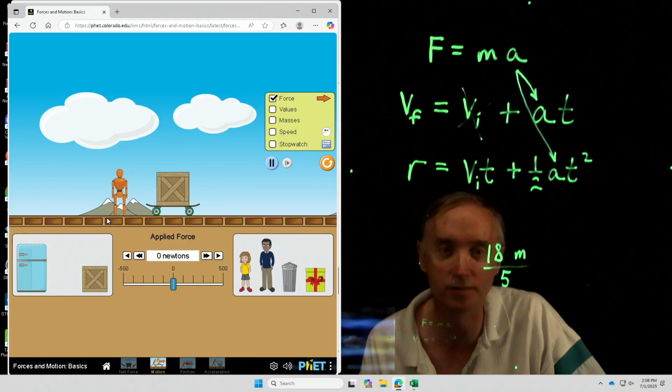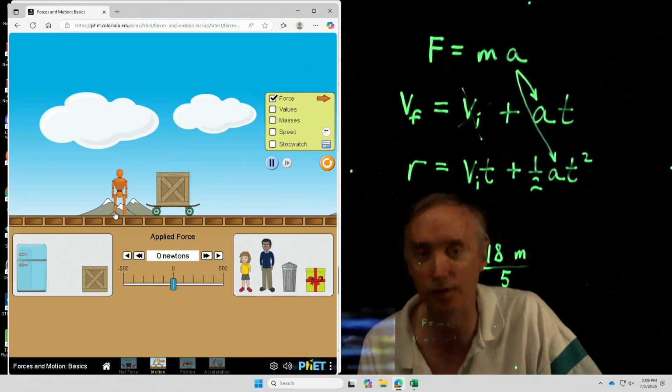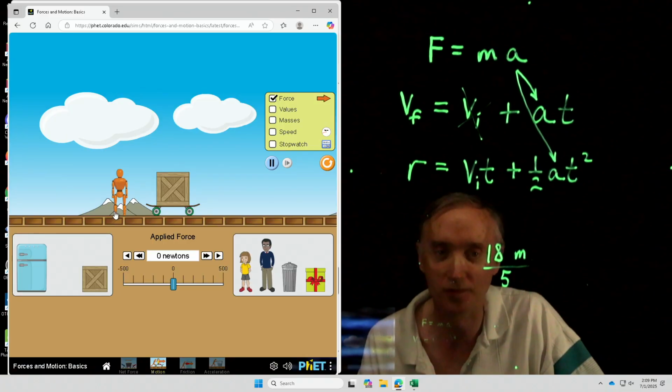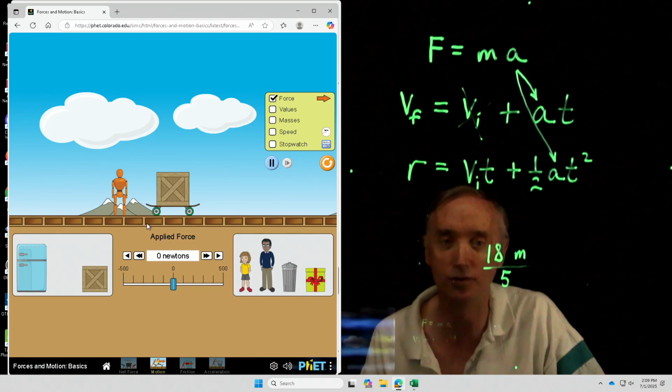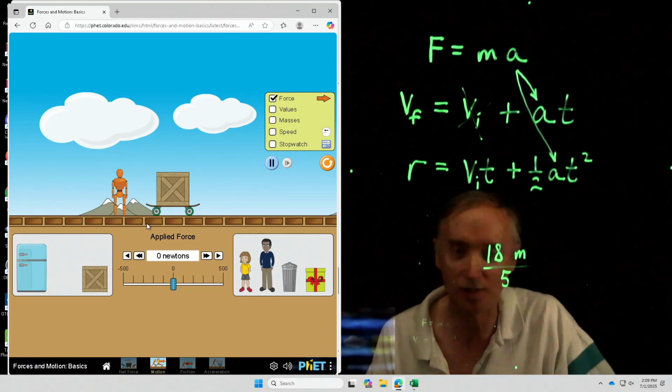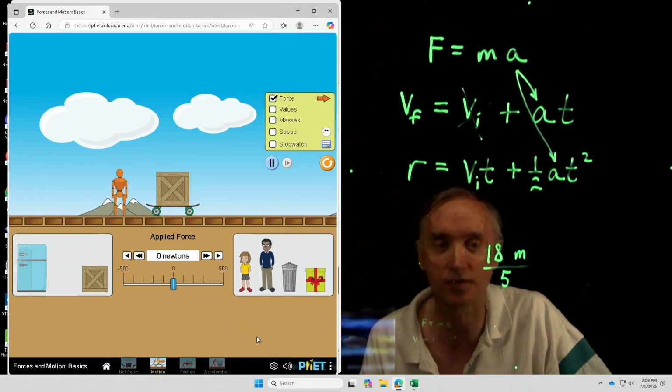Let's see, if this is 6 meters, it looks like he's 12 meters, so he's about 36 feet tall, 3 stories tall. So it's not a very accurate simulation, but they had to make these things so big in order for you to be able to see them. So it's okay, but I just thought that was kind of humorous.